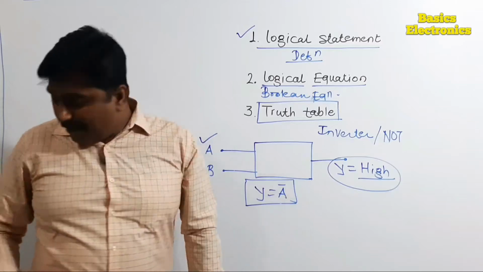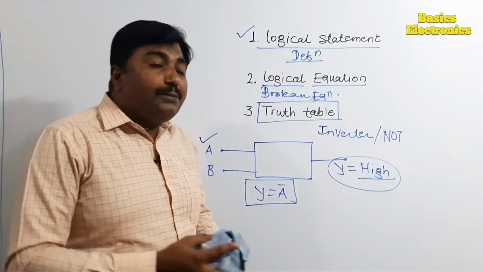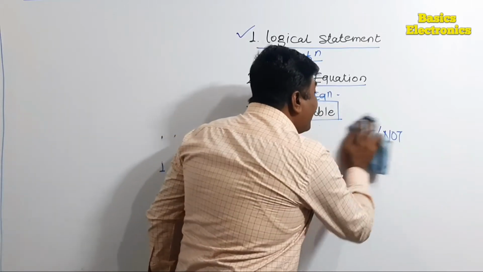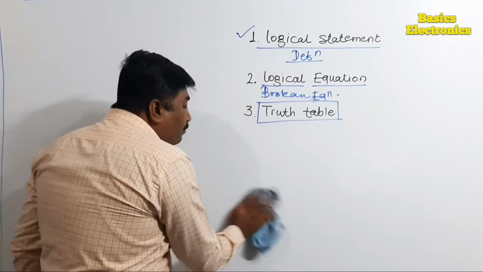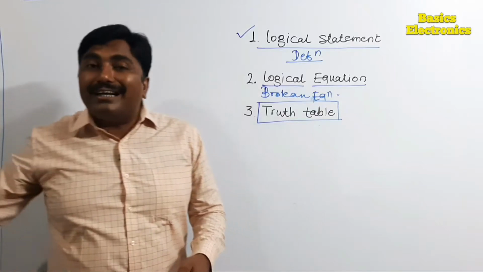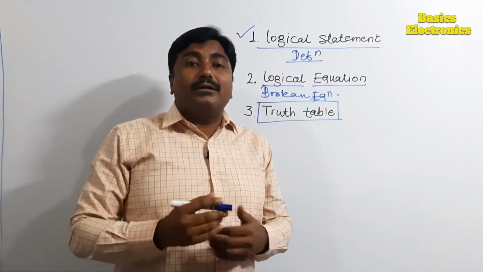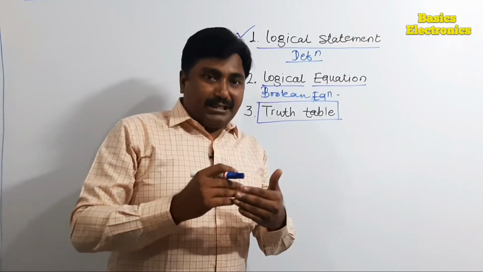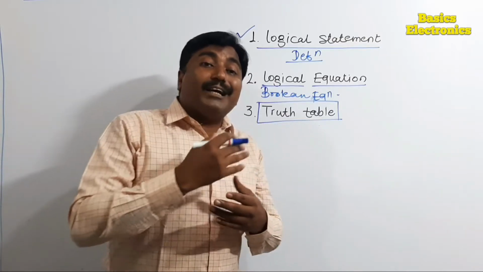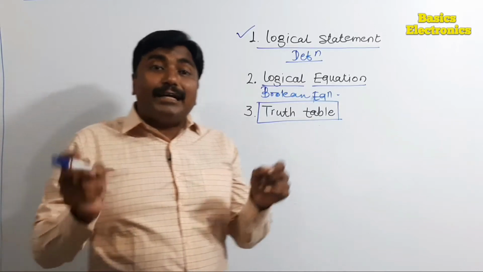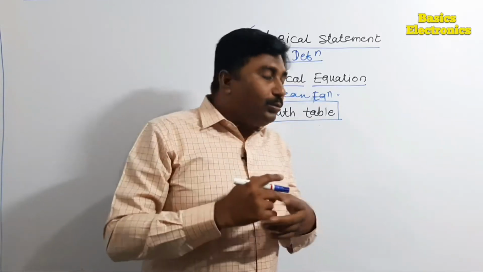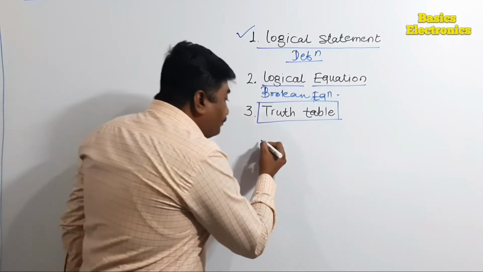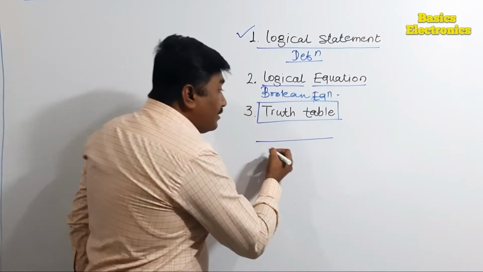A table in which all possible combinations of inputs and their corresponding outputs are shown, that table we call a truth table. Now suppose we have one gate and that gate is having the inputs.